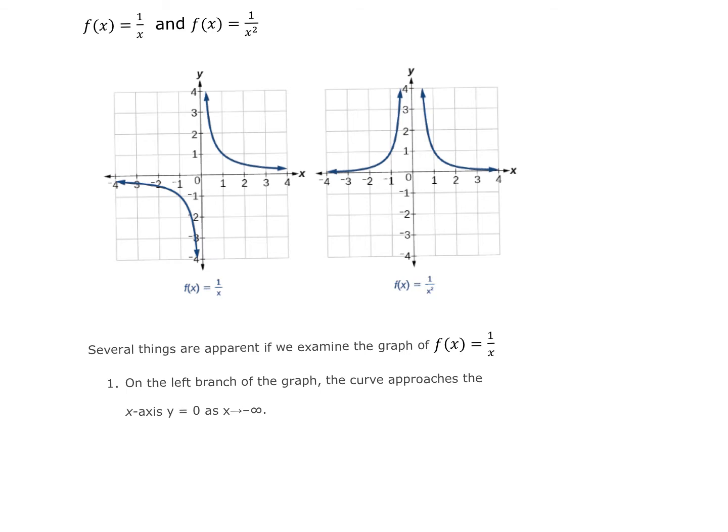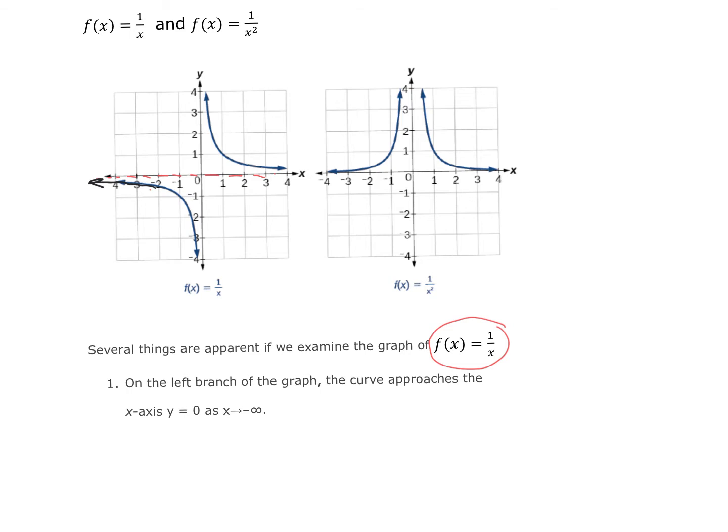For example, on the left branch of the graph of f of x equals 1 over x, the curve approaches the x-axis as x goes to negative infinity. So here's our x-axis here, and as we go to negative infinity, this part of the graph approaches 0.